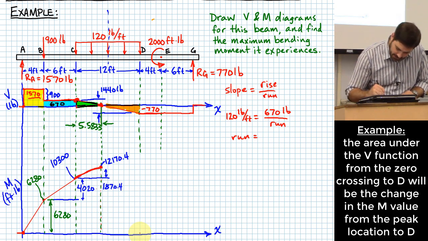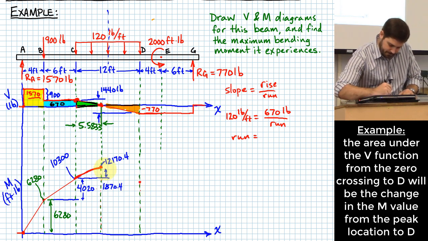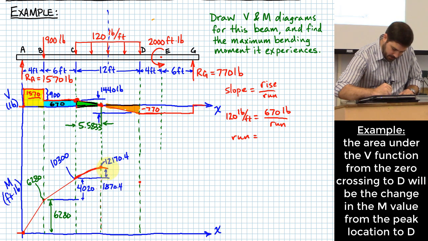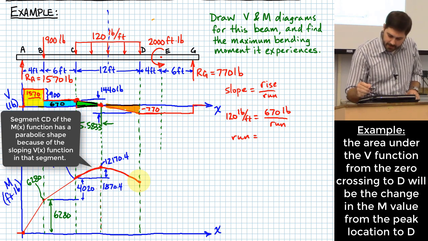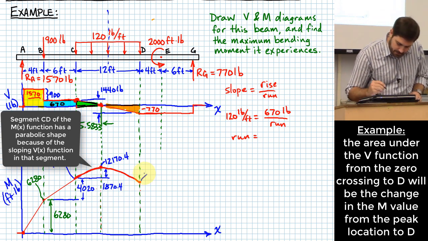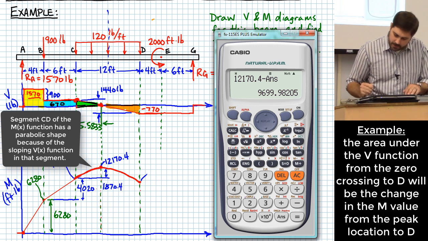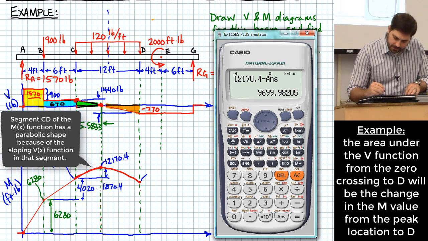Let me count that up from here. 1, 2, 3, 4, 5, 6, 7, 8, 9, almost 10. So this keeps on curving down like this, right? And this value that we reach at this point, I just said was 9,700 or so.